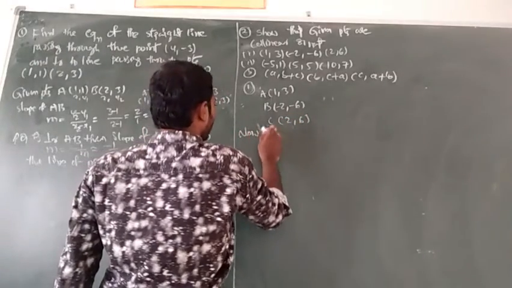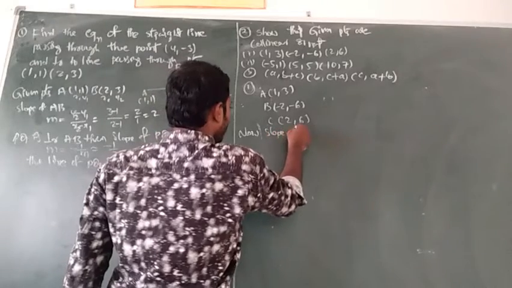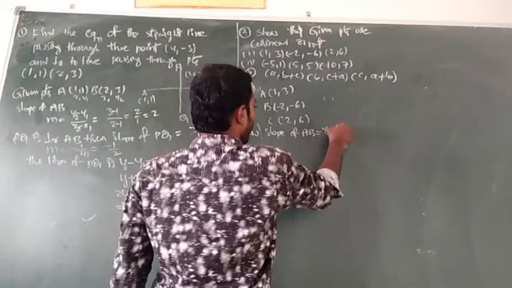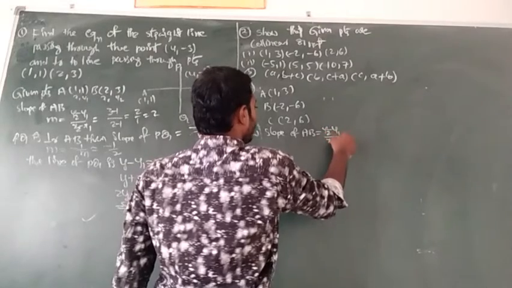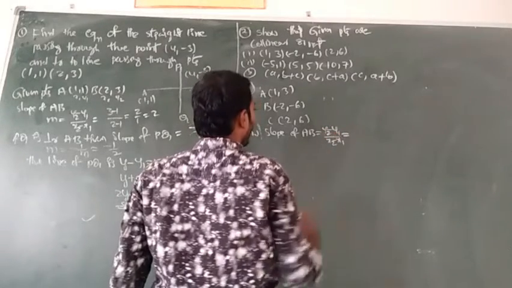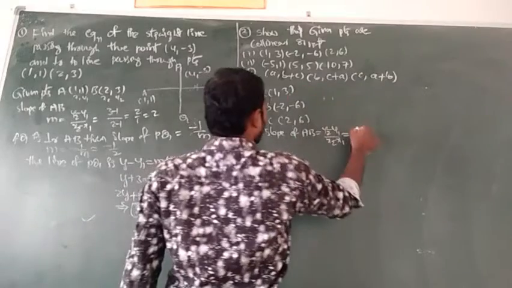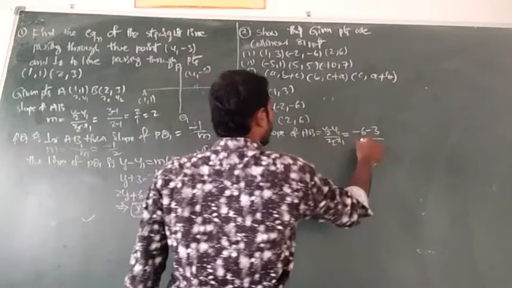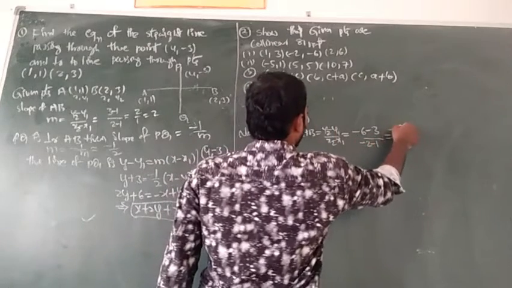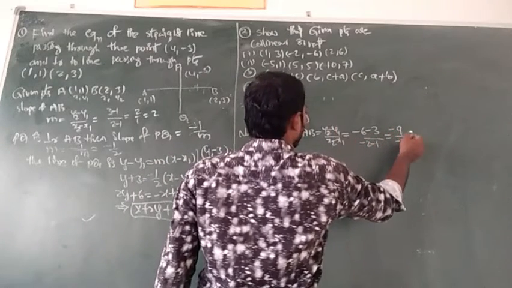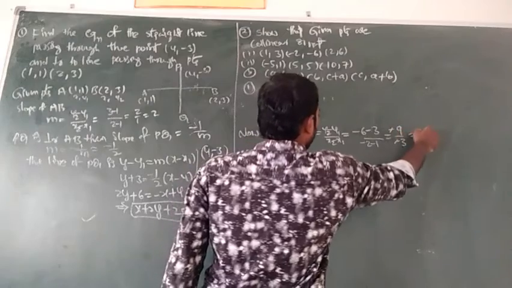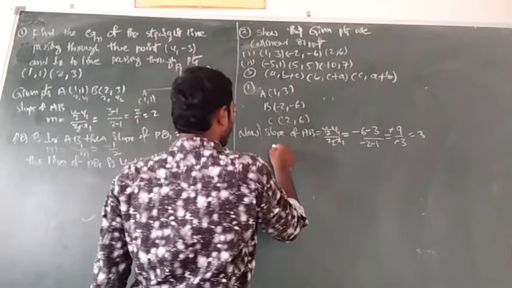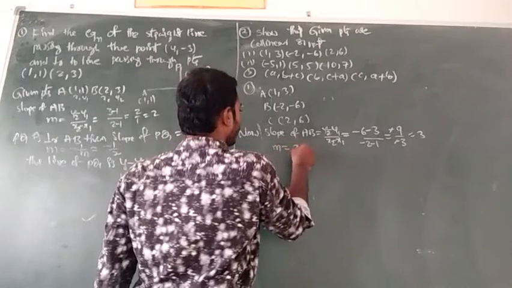Now the slope of AB is equal to (y2 minus y1) by (x2 minus x1), that is (-6 minus 3) by (-2 minus 1). So -9 by -3, the minus signs cancel, and we get 3. So the slope of AB is m equal to 3.